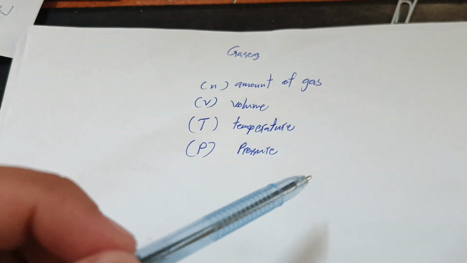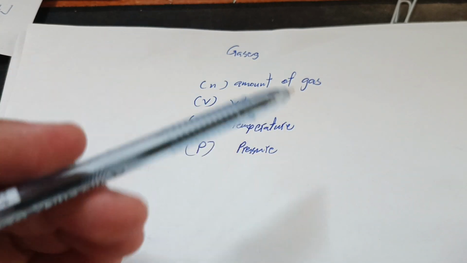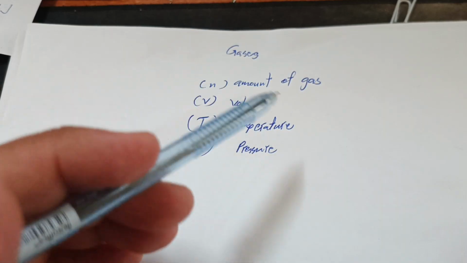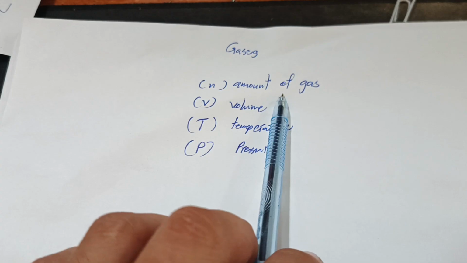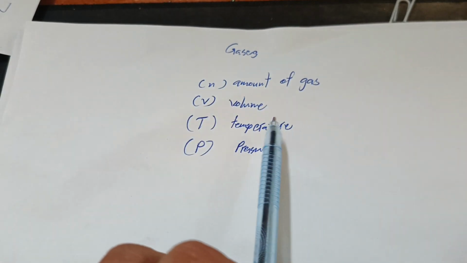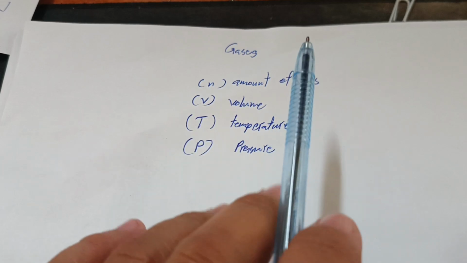Gases exert pressure, and their behavior is explained by what we call the kinetic molecular theory. In explaining the behaviors of gases, we have four quantities to keep in mind. First is the amount of gas, which is symbolized by small letter n. Then we have the volume, the temperature, and the pressure.